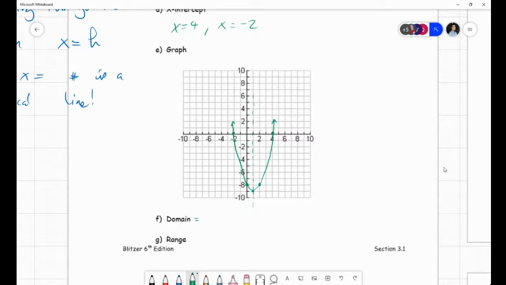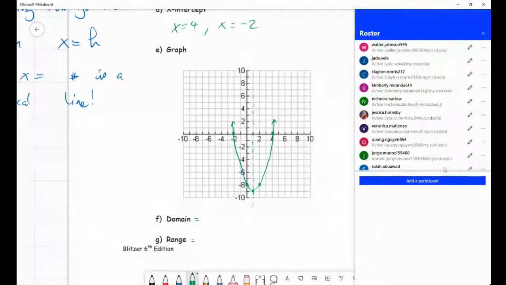Okay, what is the domain and range for this now? Nicholas? What's the domain?